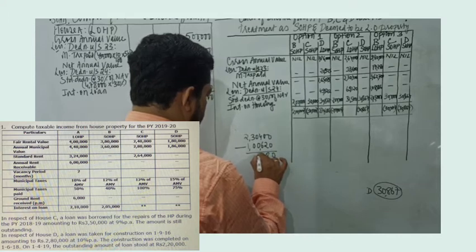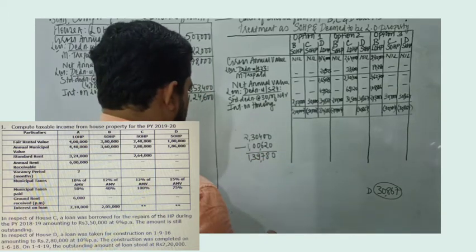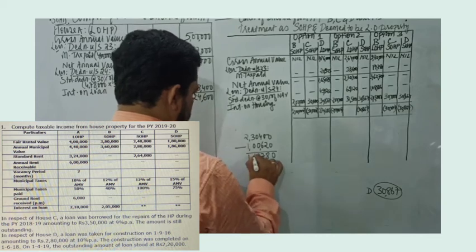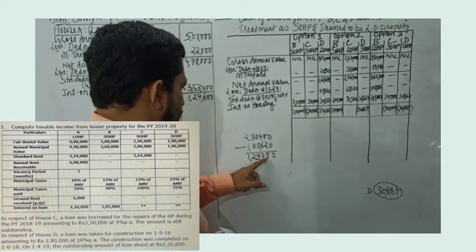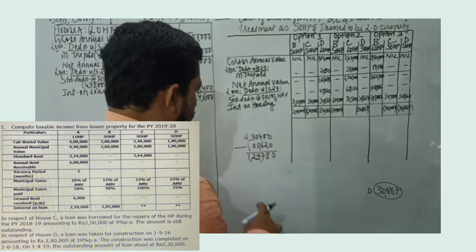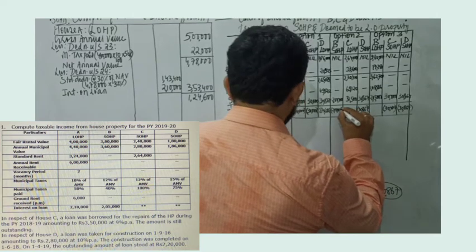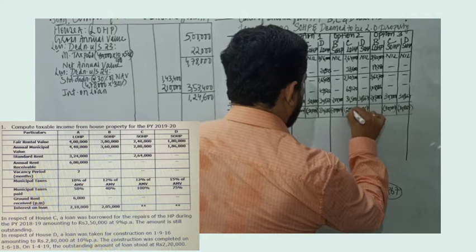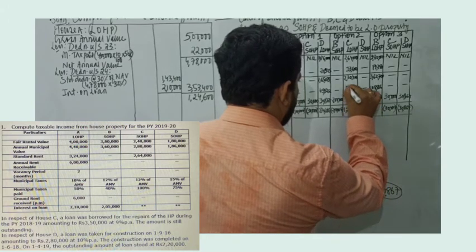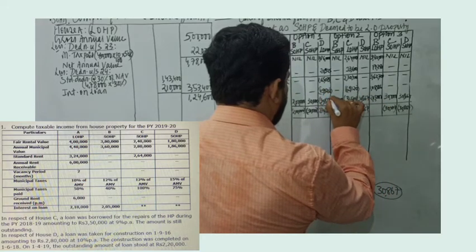So we get 9, 3 and 1. This is 2. So 2,29,000, 30,300, 30,400. So 1,29,780. 1,29,780. That's the positive value. These two are negative values. This had to be deducted.